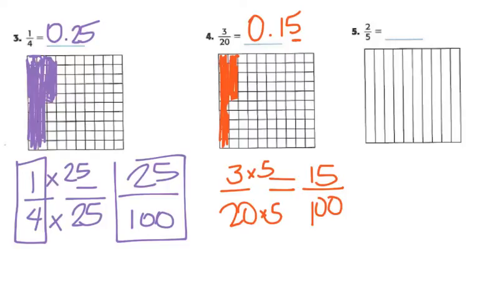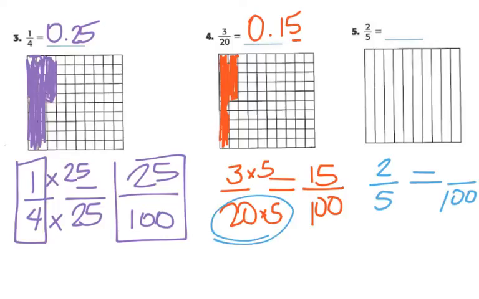Now look at the next one. We have 2/5. Now I have to get 2/5 to be something with a denominator of 100. So I have to think to myself, 5 times what equals 100? Well, if I go back to this problem here, I already wrote down that 20 times 5 equals 100. So that tells me that I'm going to multiply by 20.